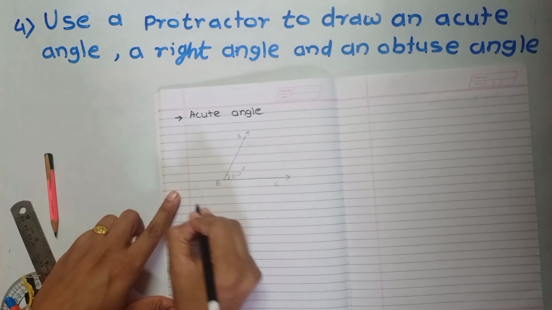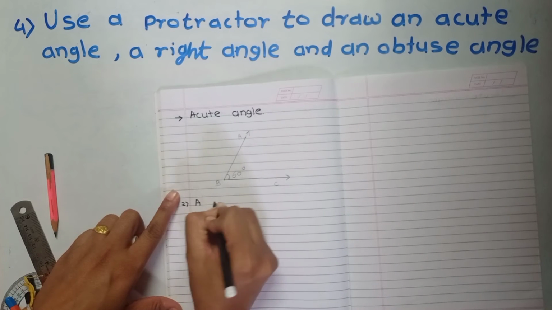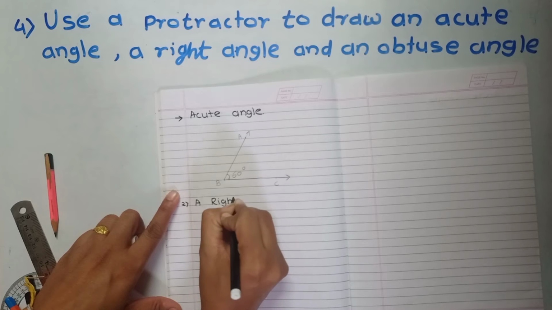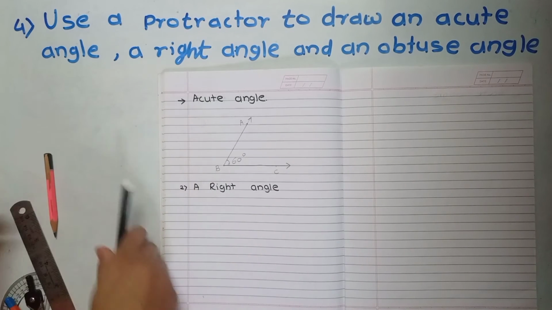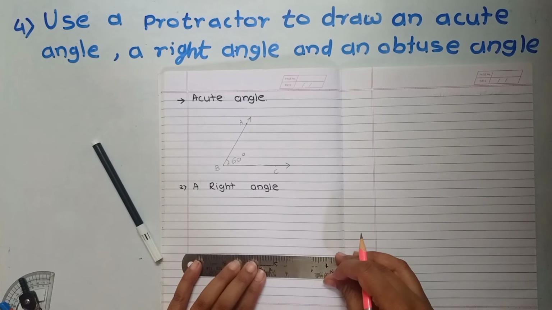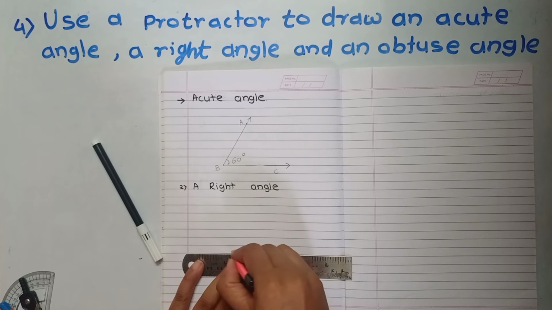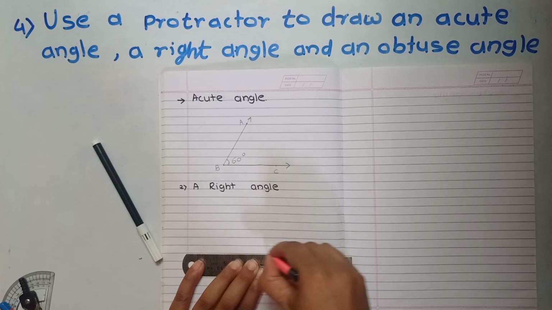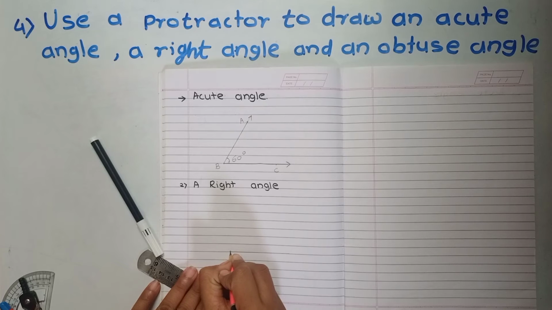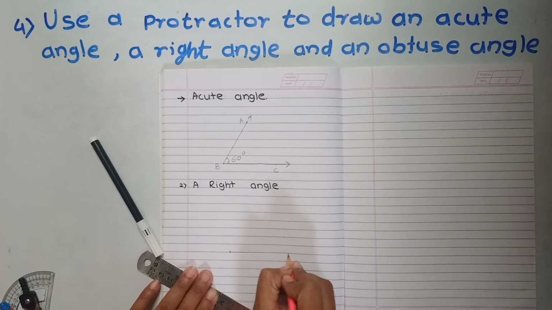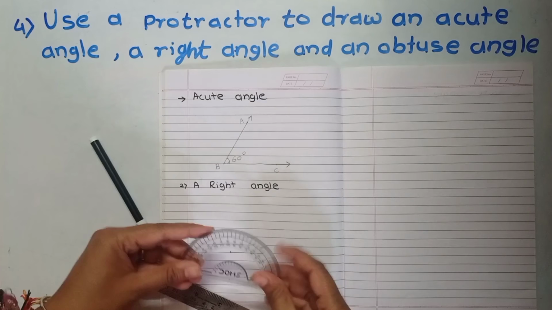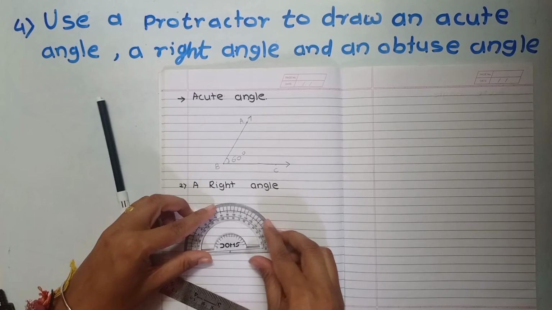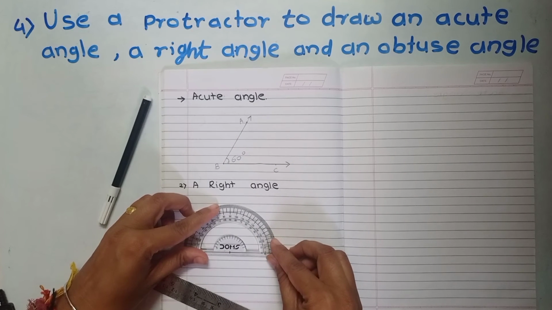Let's draw a right angle. First, you have to draw an arrow. This is the origin of the arrow. So I have darkened it. Then put the middle point of the protractor to the origin of the arrow.